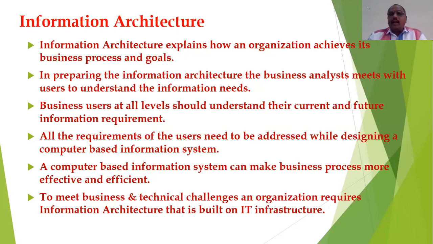Information architecture explains how an organization achieves its business processes and goals. For example, in our college, we have a vision, a mission statement, goals, and strategic objectives. How are we going to achieve them? Using information.